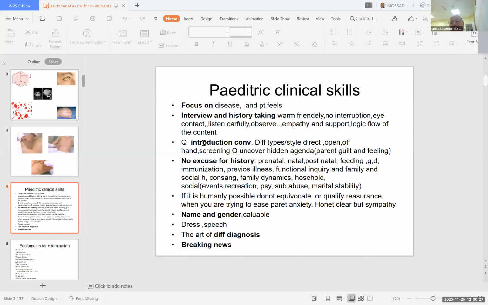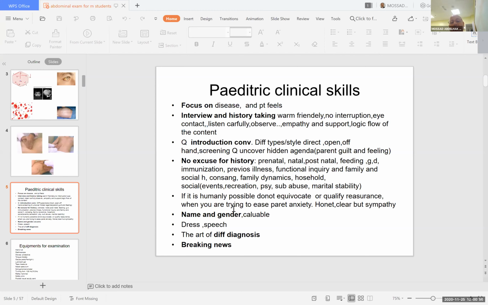Introduction: nothing in the world can go like one shot. You must make a good introduction with the family and be able to ask different styles of questions to get the truth. No excuse for you at that time for two things, as we spoke yesterday. You must have a definite flow for taking the history and also a definite flow for examining the patients, okay?